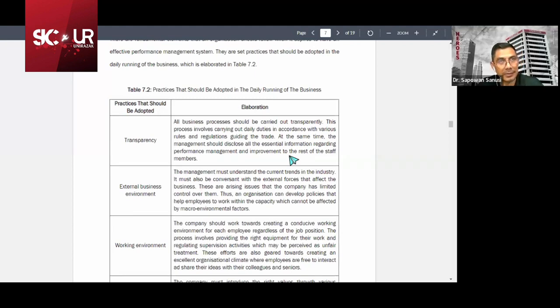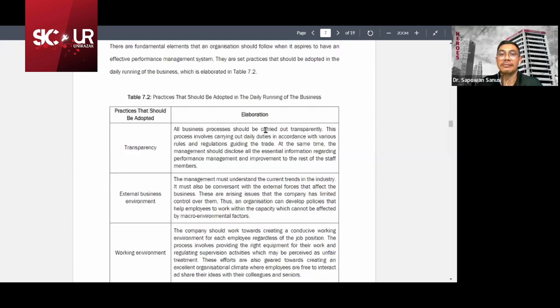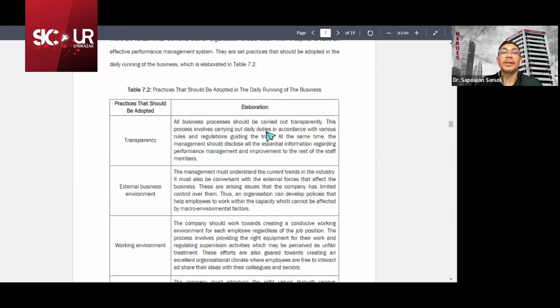Lebih kurang macam principle of good teacher, principle of good lecturer, principle of good researcher. Dia macam tu juga. So principle of good performance management, it should be the fundamental element of the organization. So now we look at practice that should be adopted on daily running businesses.